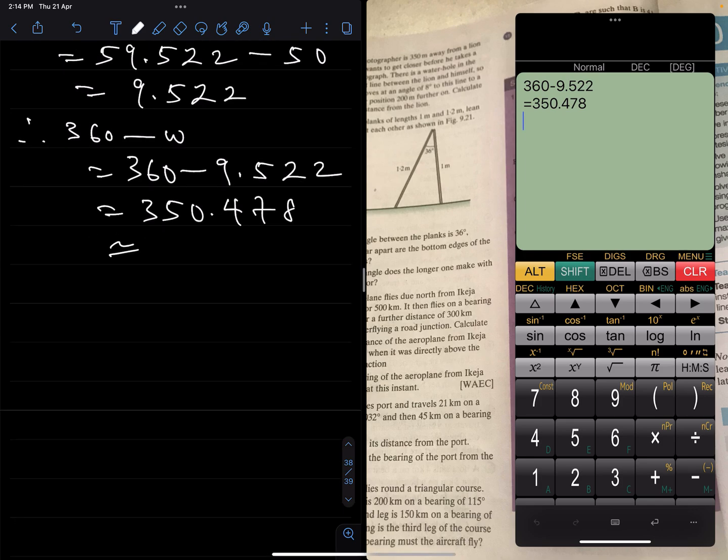Angles are supposed to be given correct to 0.1 degree, so that's 350.5 degrees.